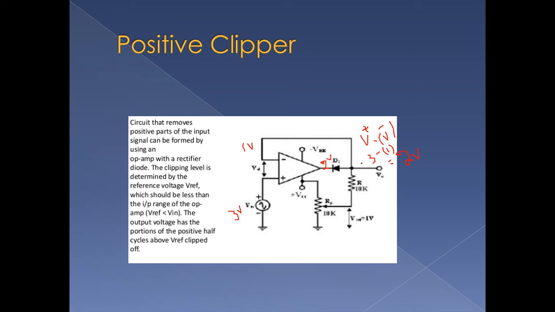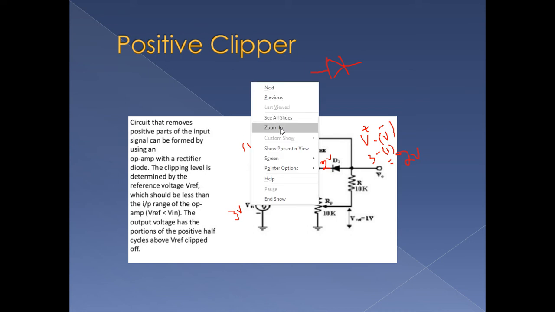So we know the diode operation. This is the diode, with anode and cathode. If we give the positive supply to the anode and negative to the cathode, it will get forward biased.